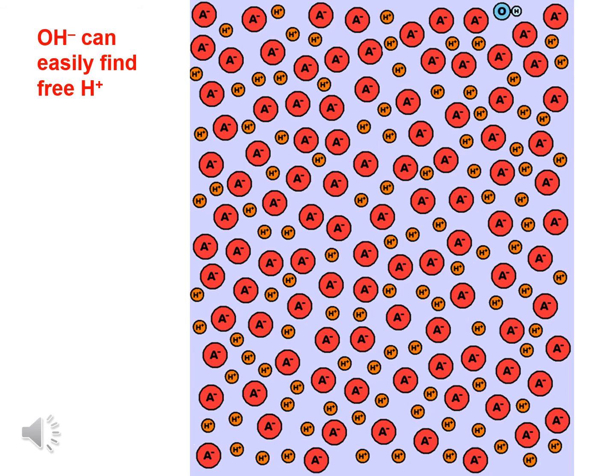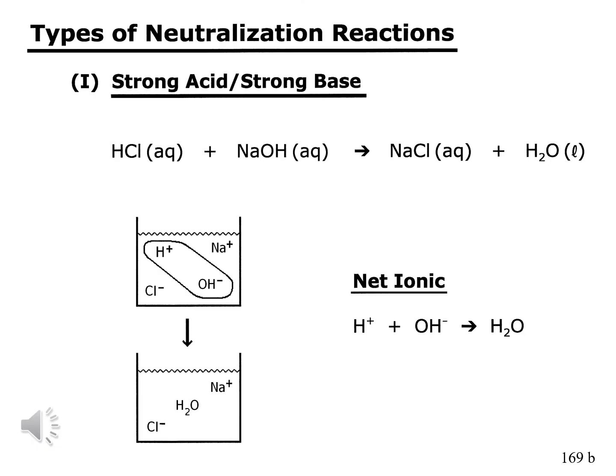In this diagram, I show the OH up in the upper right-hand corner, and you can see that it's very easy for the OH to find an H plus to react with because they are all over the place, and so the OH is just going to snap one up. And after the H plus and OH react, all you're left with in the beaker is the water that's formed and the two spectators, which is sodium and chloride. And if you boiled off the water, you would see the sodium chloride salt.